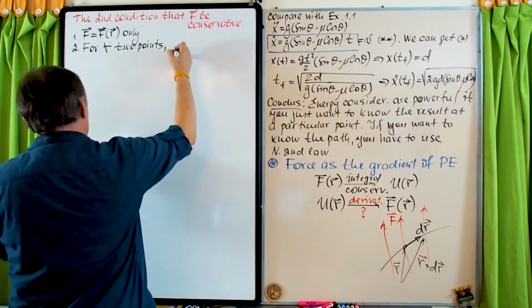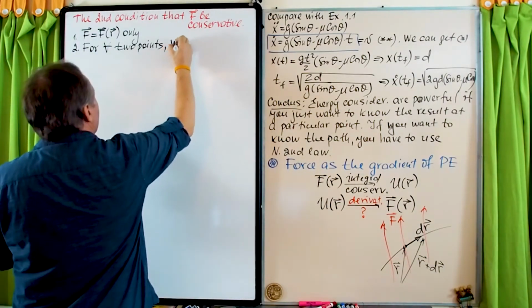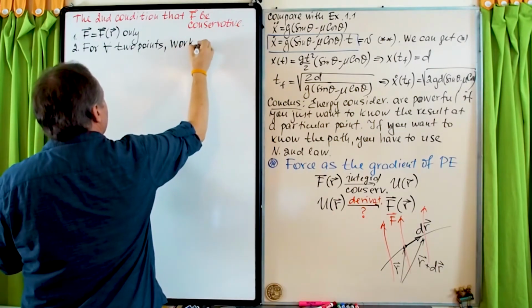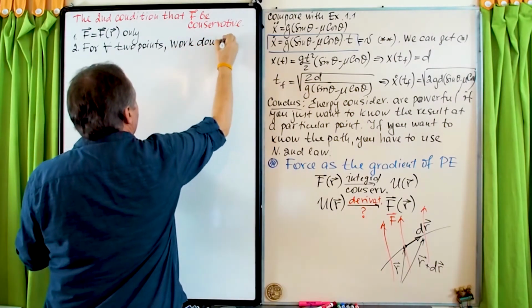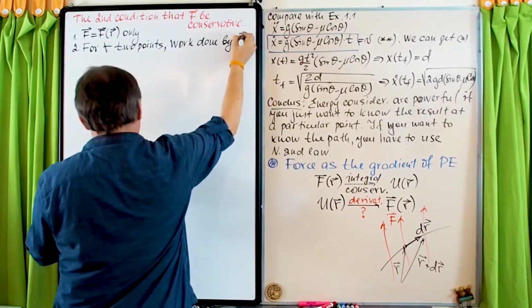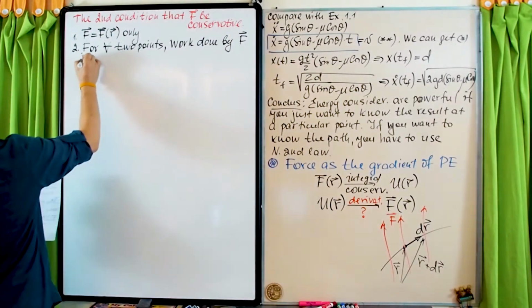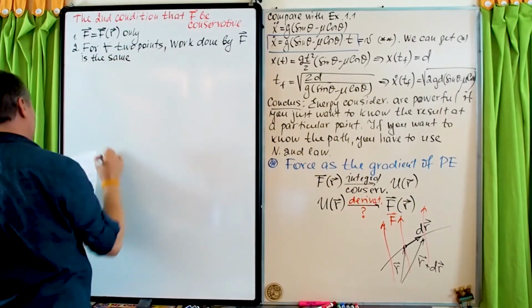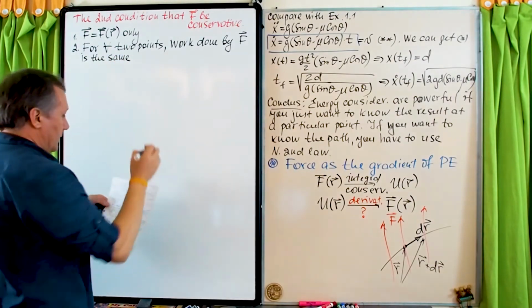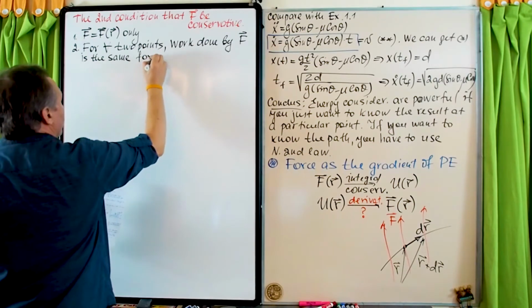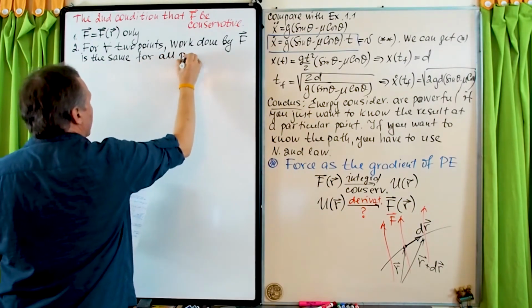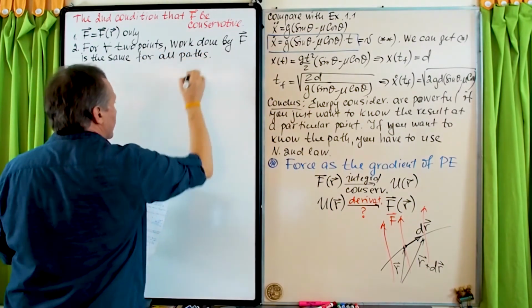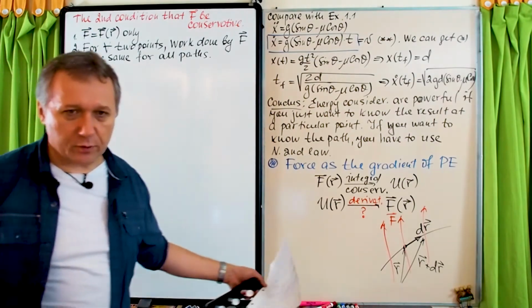For any 2 points, work done by F is the same for all paths, and of course, between those 2 points.